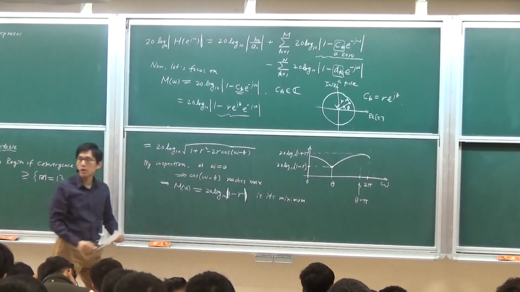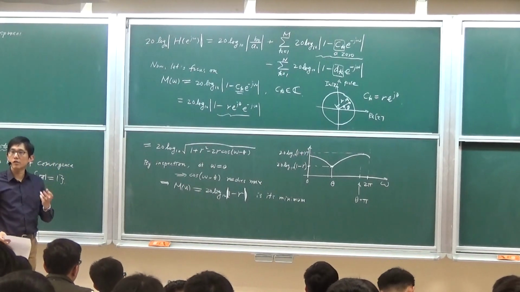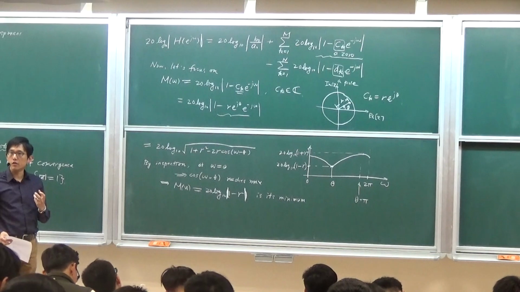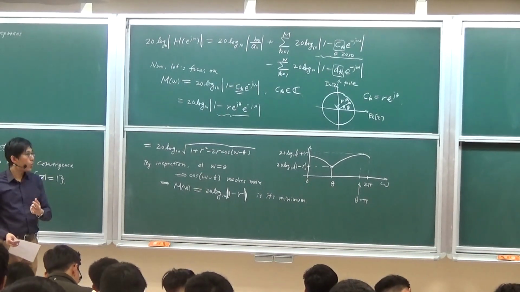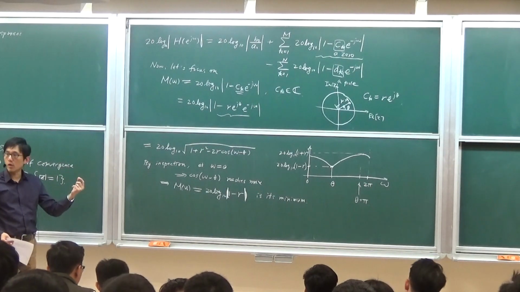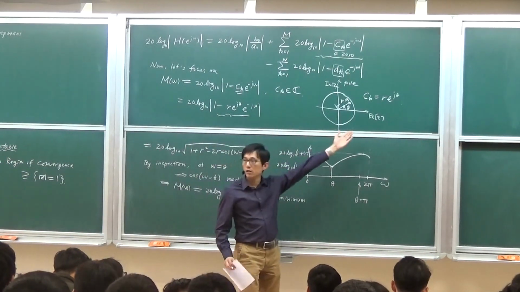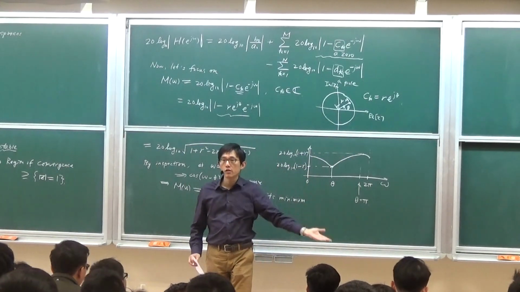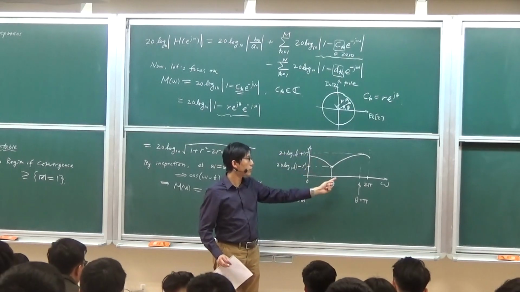So we've shown that this minimum really occurs at frequency theta. This is a useful concept. Whenever we have a zero somewhere on the complex plane, you want to consider two things: the radius and the angle.